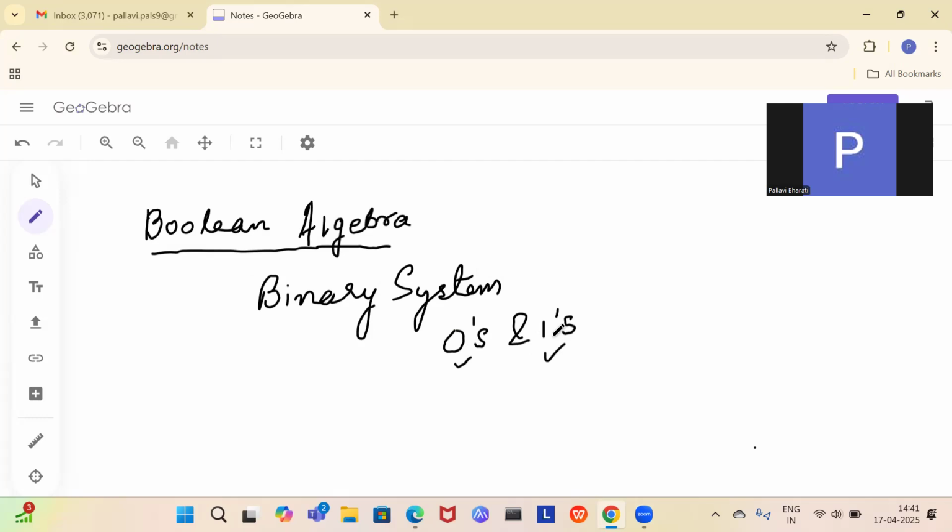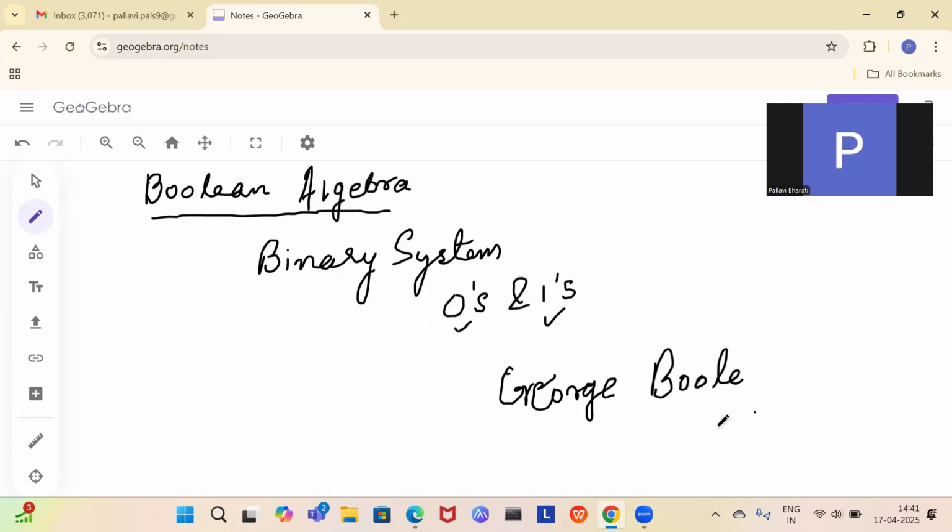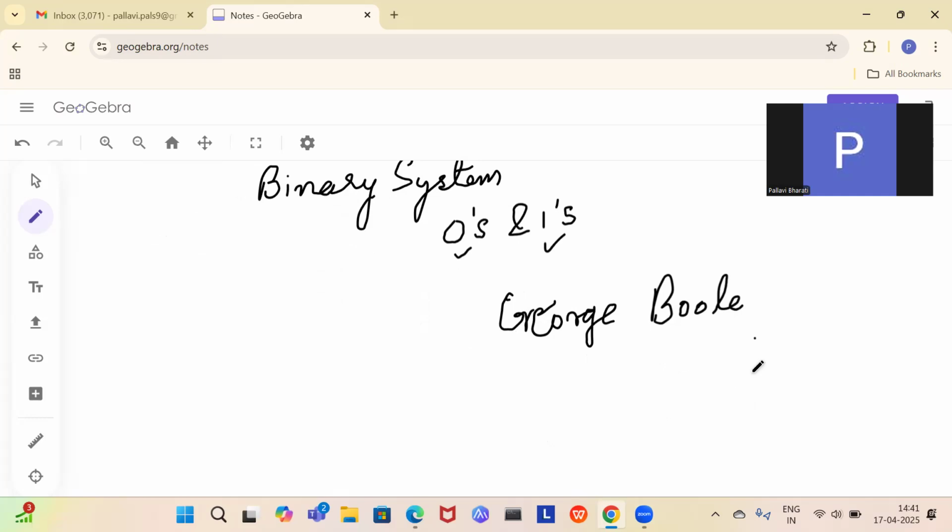Now this person called George Boole, he was the first one who proposed this term, that is the Boolean algebra. It is on his name, George Boole. So he was an English mathematician from England, and in 1854 he proposed the system of Boolean algebra.